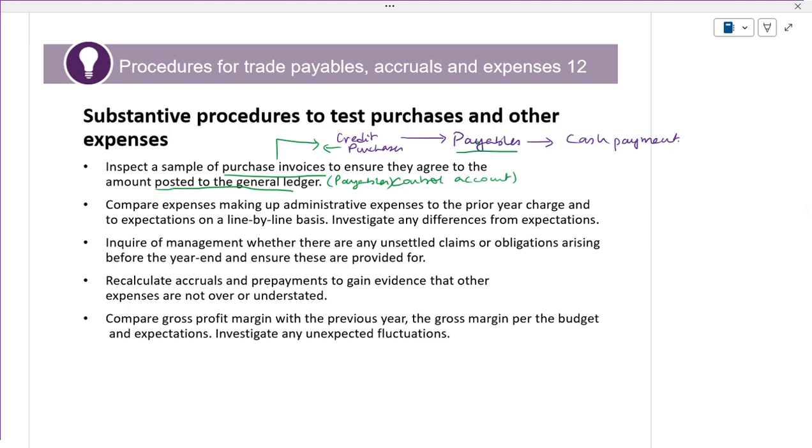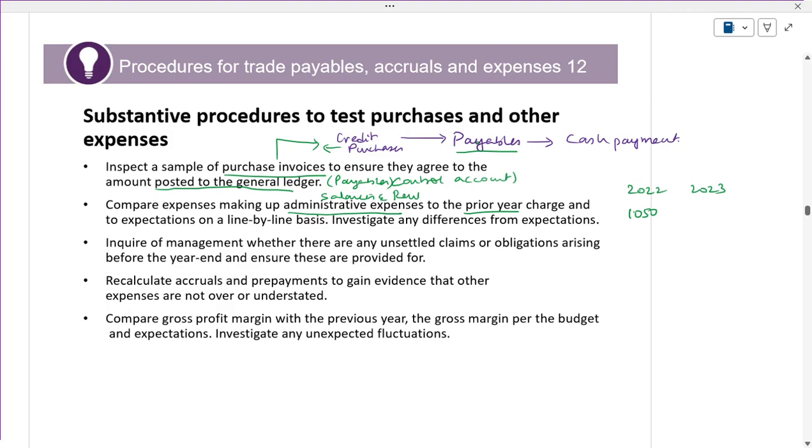Compare expenses, such as administration expenses. I told you, what are the administration expenses? You will have salaries, you will have rent, compared to the prior year charge. Always keep the prior year in mind. See what happens, you are talking about 2022 and 2023. In 2022 we paid 1050.